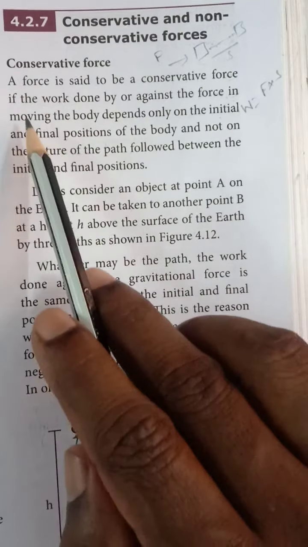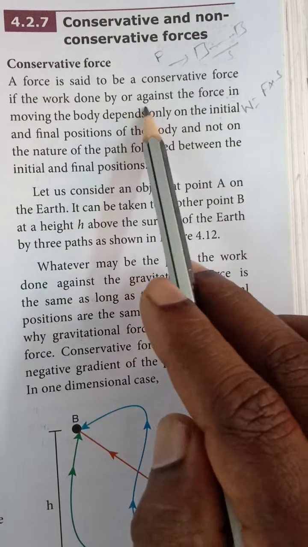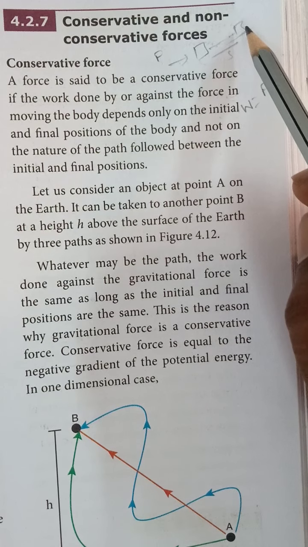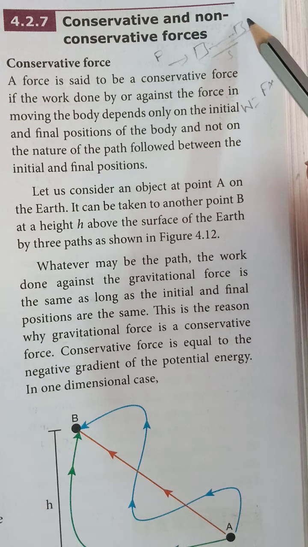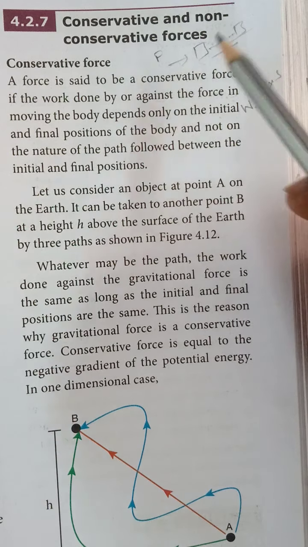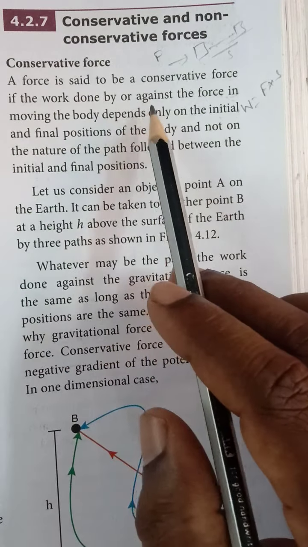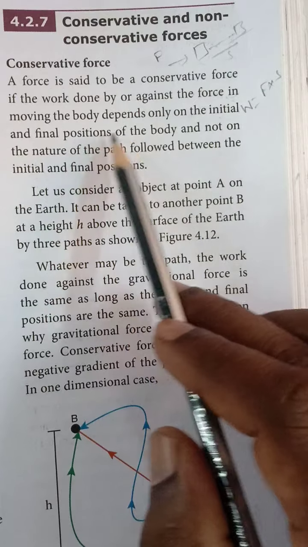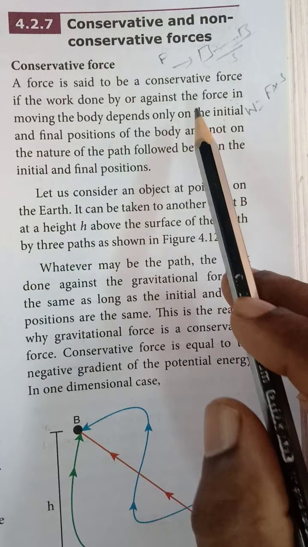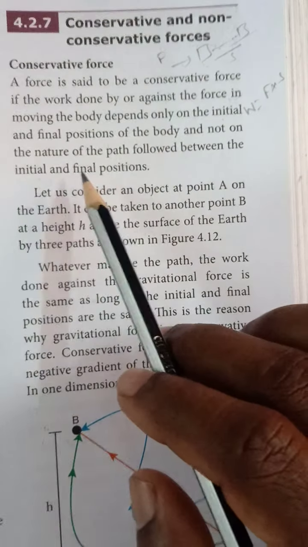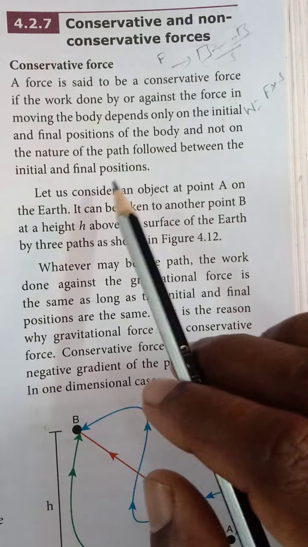The work done by or against the force on a moving body depends only on the initial and final position of the object, not on the nature of the path followed between the initial and final positions.